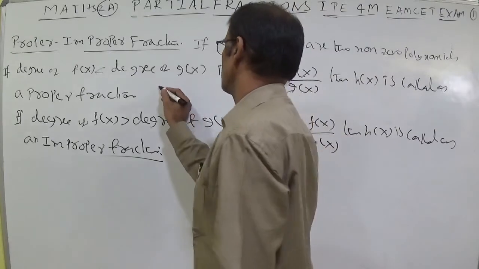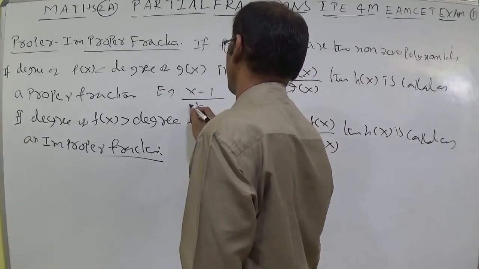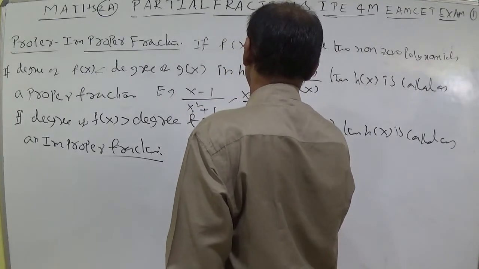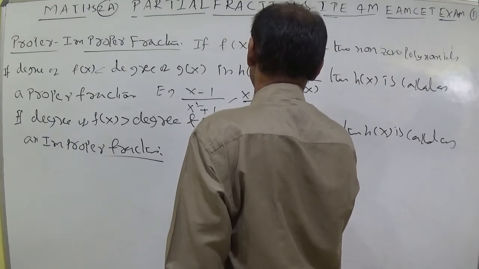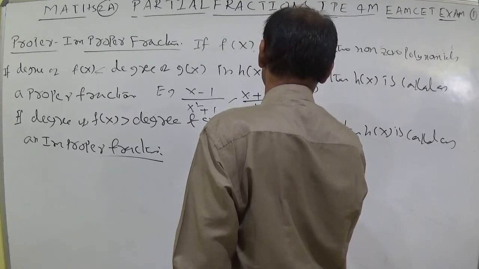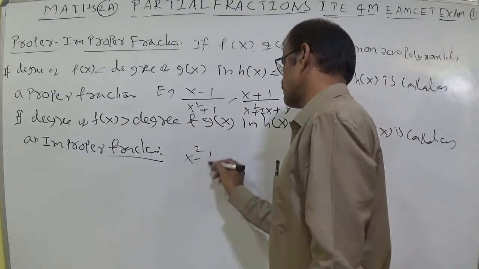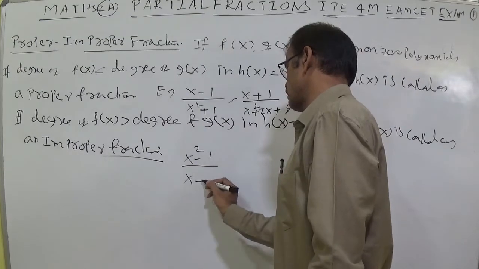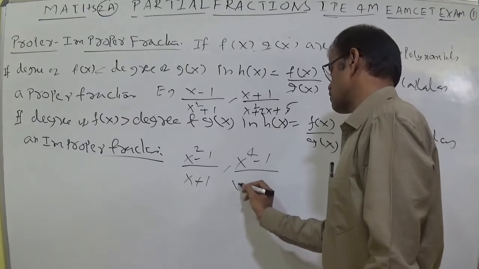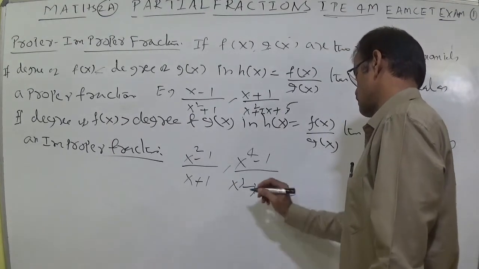Examples I am writing here: x minus 1 by x square plus 1. x plus 1 by x square plus 2x plus 5, like this. Here the reverse can be taken: x square minus 1 by x plus 1. x power 4 minus 1 by x cube minus 3x square plus 2.